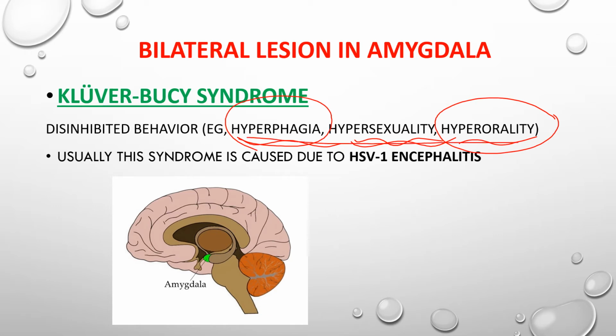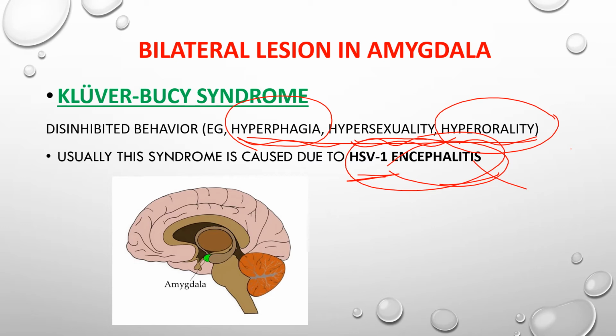So these three are the key findings in the cases of patients suffering from Kluver-Bucy syndrome. And we have seen that this is usually caused due to HSV-1 encephalitis. This is herpes simplex virus 1 that causes encephalitis that can lead to Kluver-Bucy syndrome.